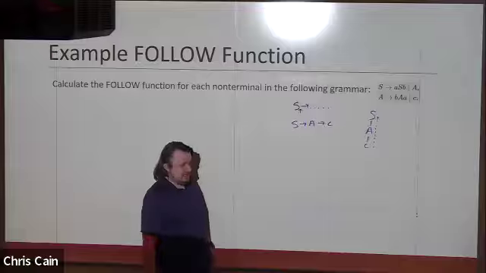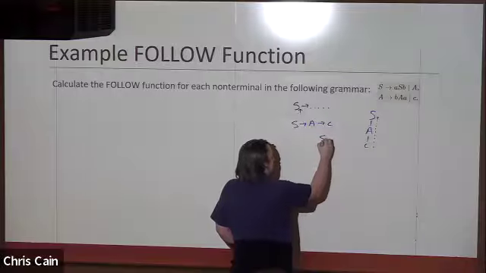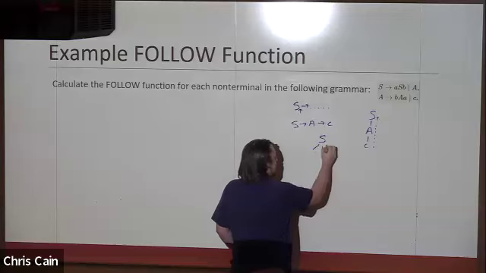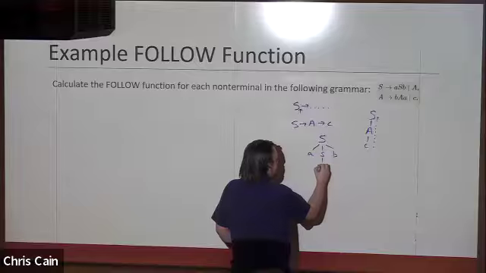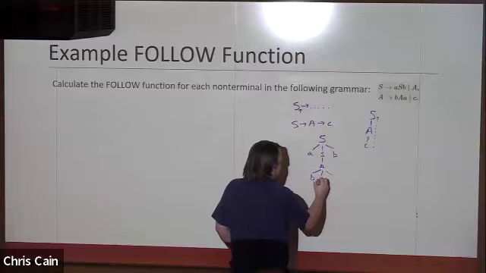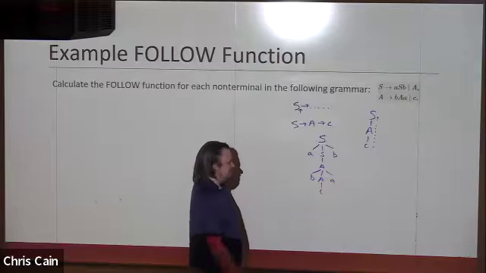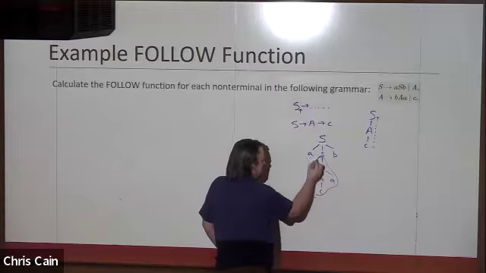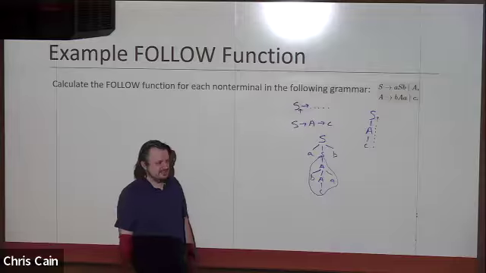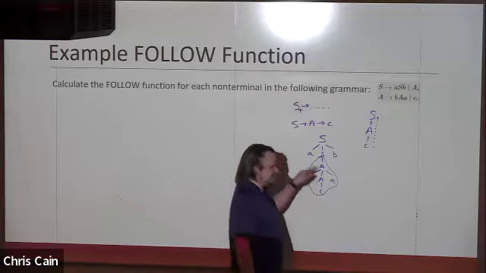On the other hand, we could make B follow it if, I'm just going to start drawing these vertically, S goes to A, S, B, and then S goes to A, and this goes to B, A, and this goes to C. What followed this S? This entire expansion is the definition of S, so what followed it? The B. Nothing else inside of this matters.